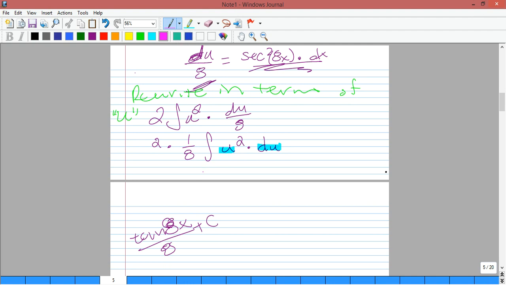Okay, so we're going to be able to go ahead and integrate. So now we have 1/8, and then u to the power of 3, u cubed over 3, okay? And then we have our plus c. Actually, you can cancel that out. That gives you a 4.